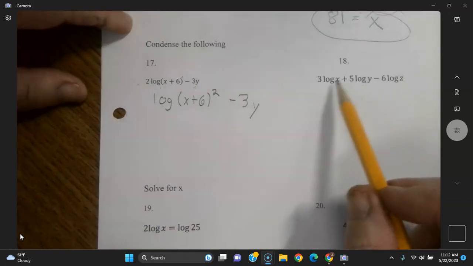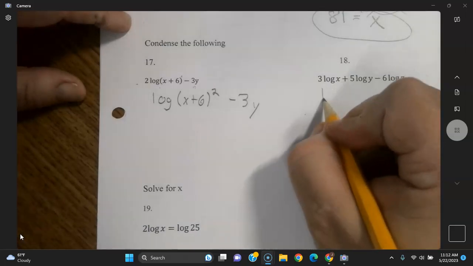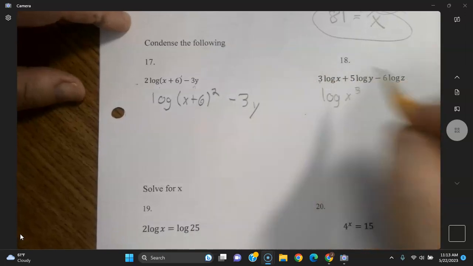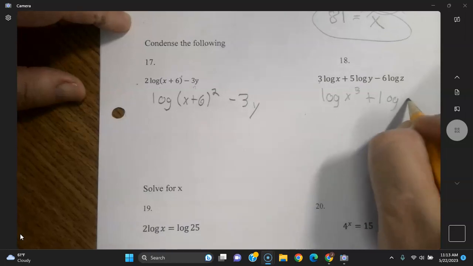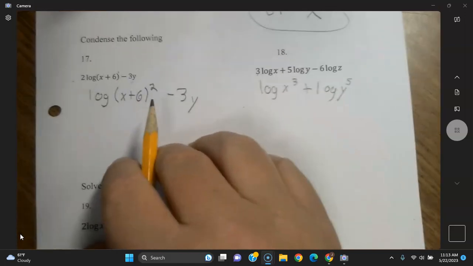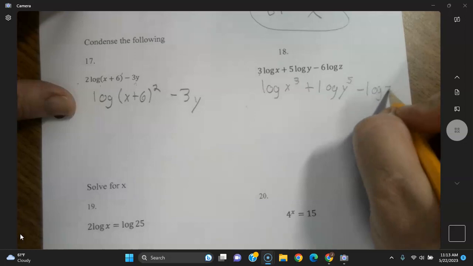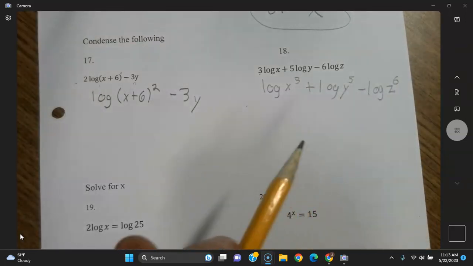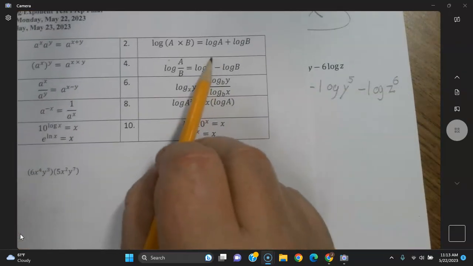All right, now everything is in logs here, so you can do it. So what we're going to do is change all of this to log x to the third. We're going to put the exponent up there. Log y to the fifth. Log z to the sixth. Okay, so now you're back to principles numbers 2 and 4 here.